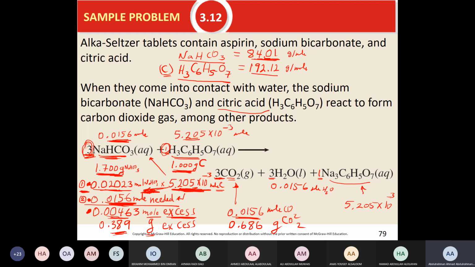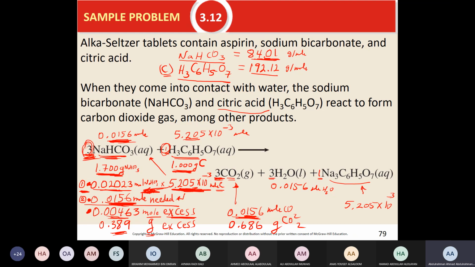Did we say that CO2 would have 0.0156 moles because it's multiplied by 3 too? Of course, because it's 3 to 3. 3 moles of this one will give you 3 moles of this one, or 0.156 of this one will give you 0.156. Okay, but what if I have in the product a formula multiplied by 2 moles?